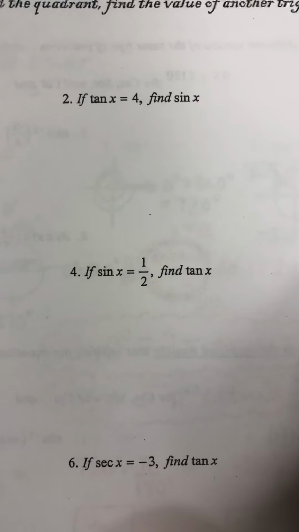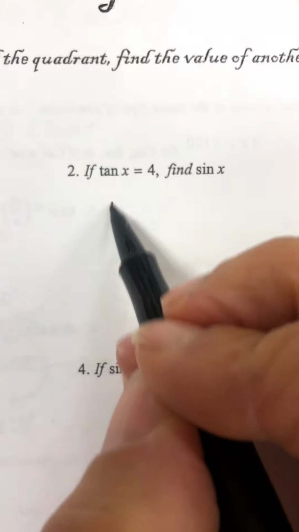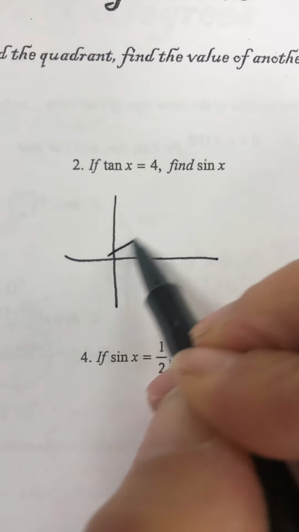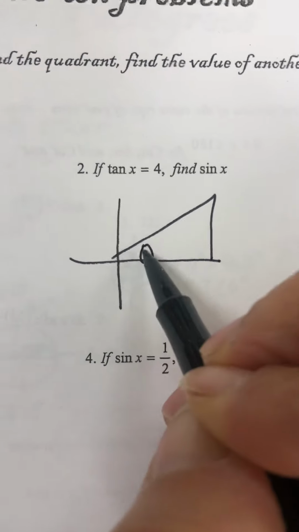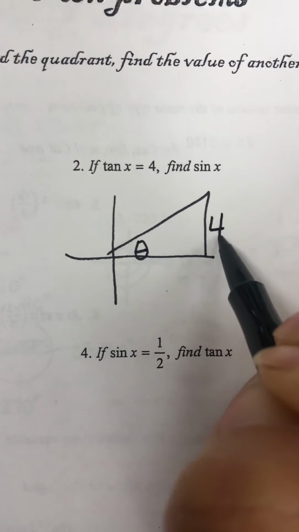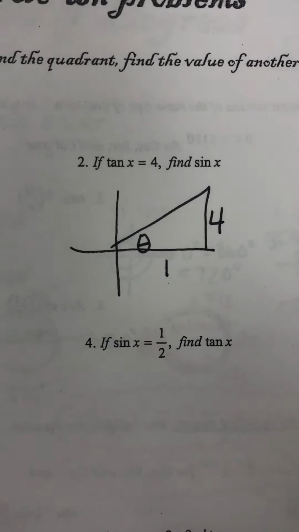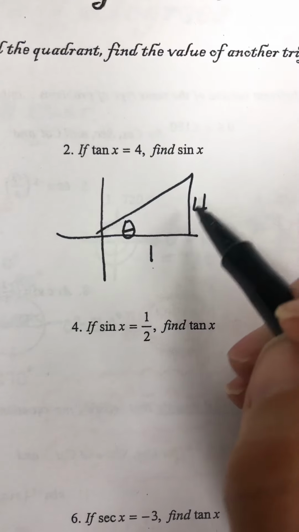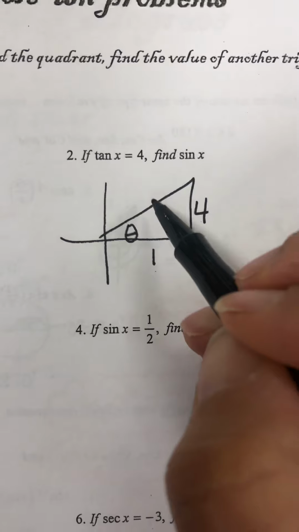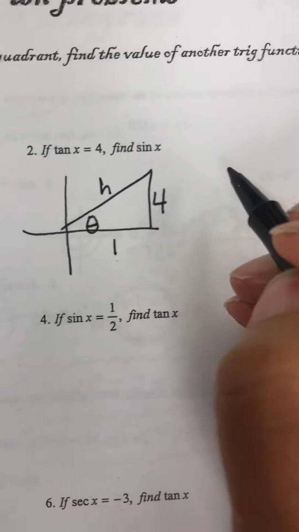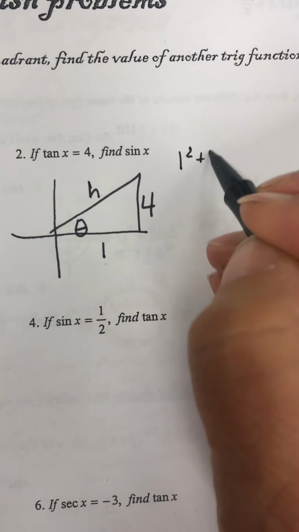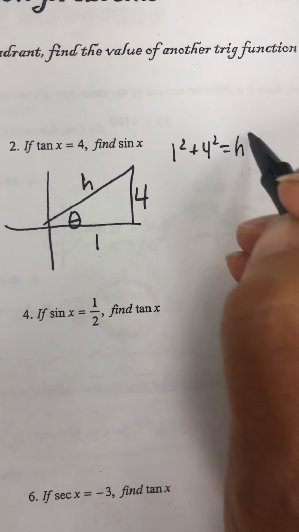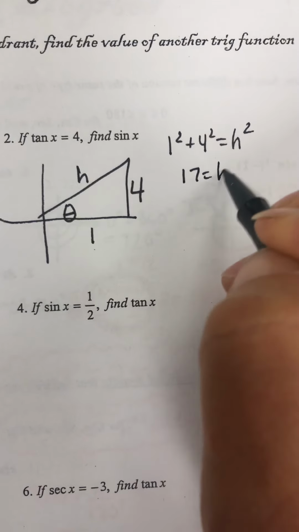I kind of did know it was a 30, but I didn't have to. The next one, it's still in the first quadrant, if the tan of x is 4, find the sine. Okay, so I don't really know what angle has a tan of 4, but I know SOHCAHTOA, right? 4 is really 4 over 1. And then if I want to find that hypotenuse, here's an old friend, a squared plus b squared equals c squared, right?